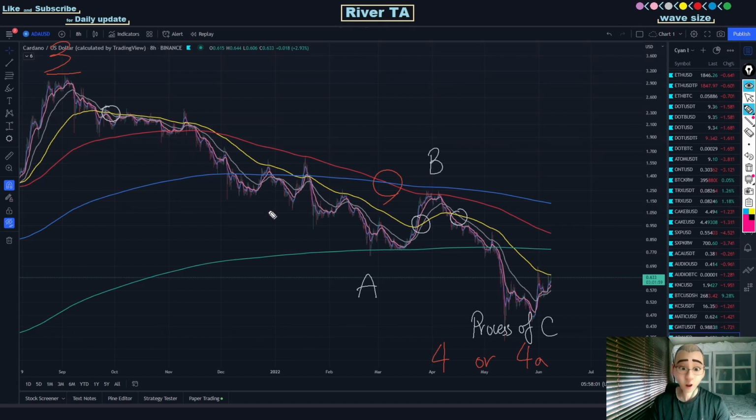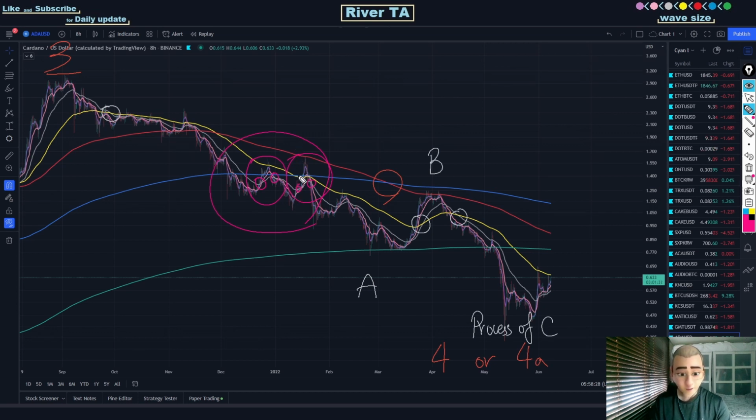But before we do that, I would like to just explain the structure over here. And if we have a closer look, we can see that there is a pink and gray golden cross over here, death cross over here, golden cross over here, and death cross over here. So this means that this one over here and this one over here have the same wave size or level.